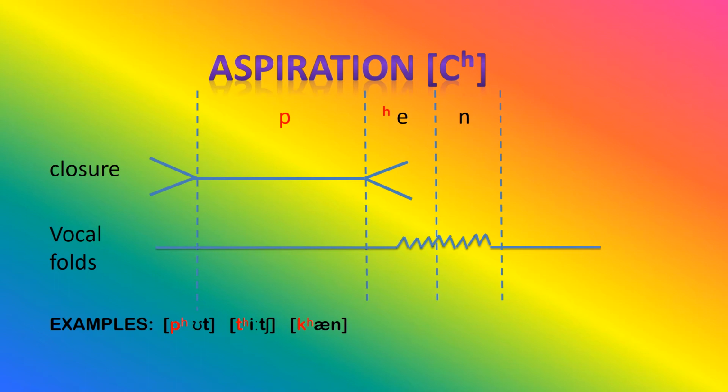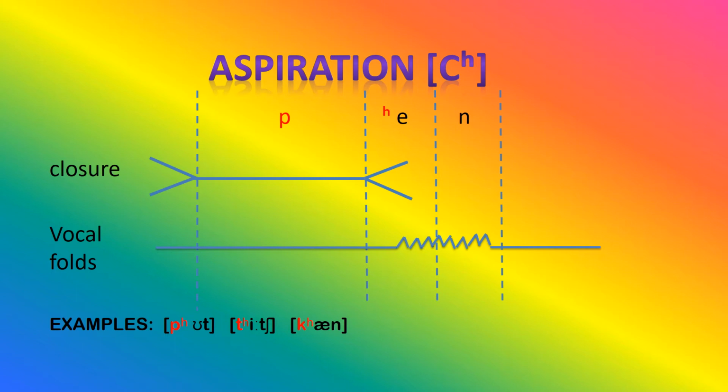Another consonantal allophone is aspiration, which is represented by the symbol of the consonant, again the C that stands for consonant between square brackets, and a small letter H, which represents the small puff of air that is perceived at the onset of the vowel.